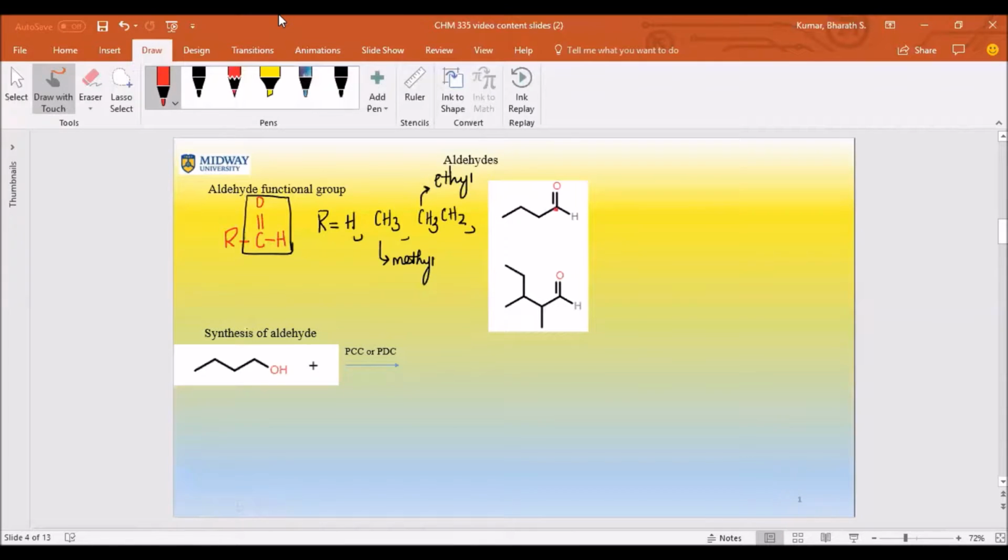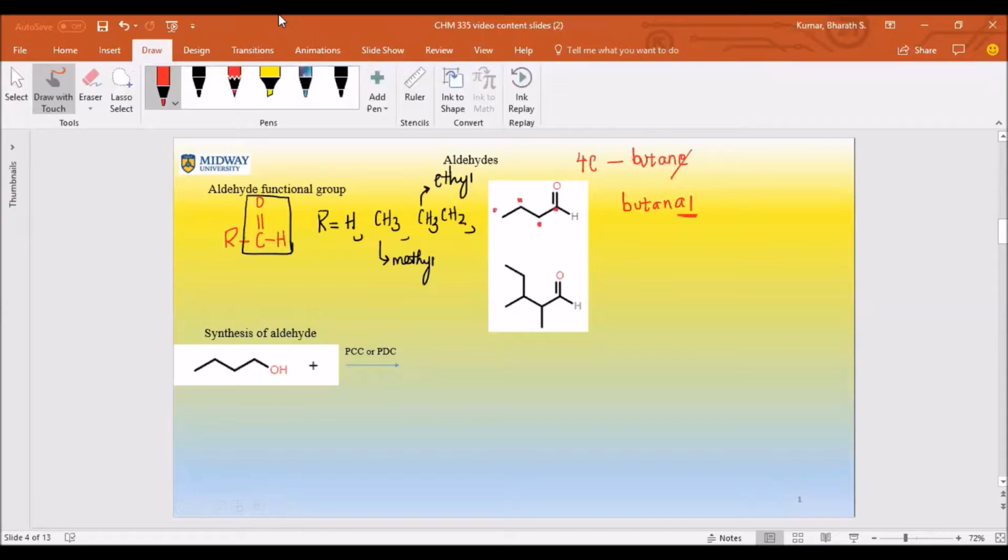So that's 1, 2, 3, and 4. So we have 4 carbons, right? And 4 carbon is butane, right? And as I said, all you got to do is really get rid of the E and put an Al for aldehyde, okay? So it'll be butanal.